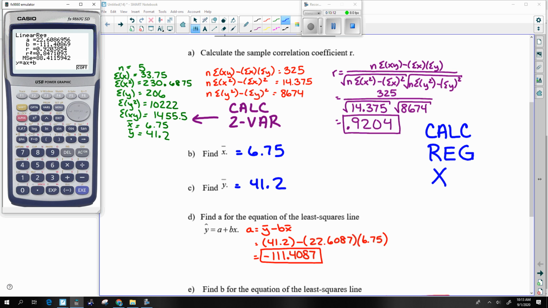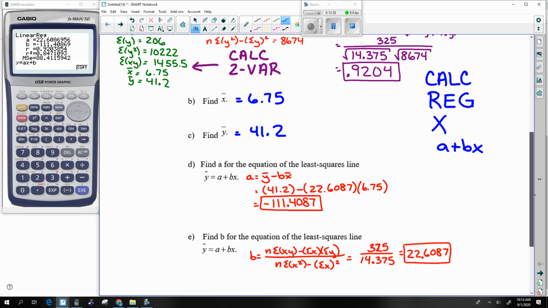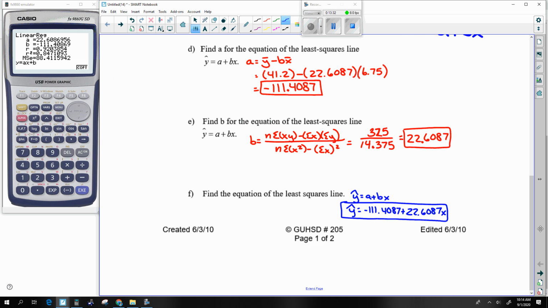This is where your calculator gives you one more option. They can give you an AX plus B, or they want an A plus BX. We want the A plus BX, the second option, because that is how our formulas are set up.